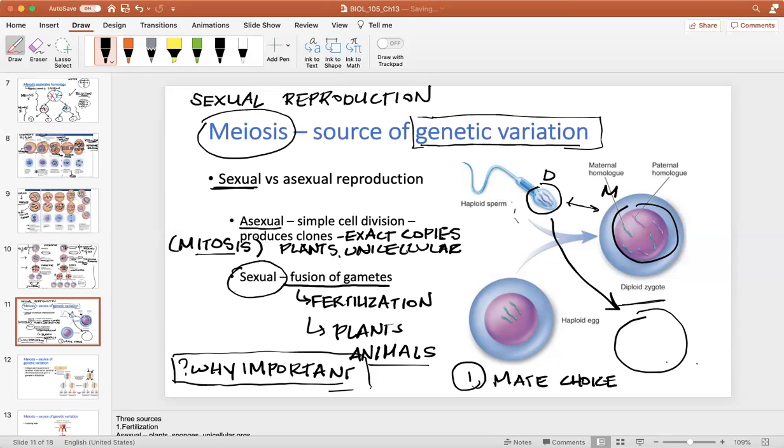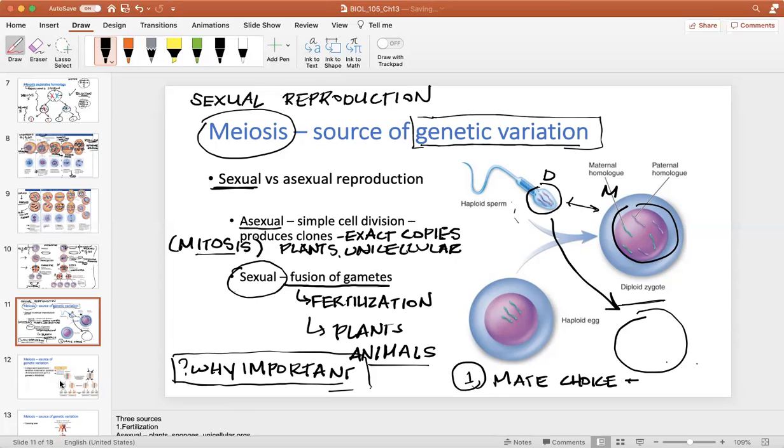But then if Beyonce were to suddenly have a baby with Nicki Minaj, that's going to be a whole different child, isn't it? It's going to have a whole different genetic makeup. So depending upon who is partnering with whom, that will give you your very first set of genetic variation, okay? The Jay-Z Nicki Minaj baby is going to have a different set of genes than the Jay-Z Beyonce baby, right?